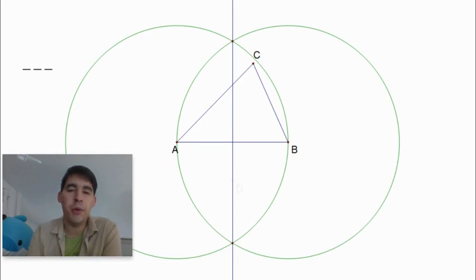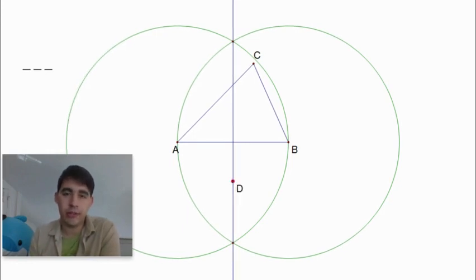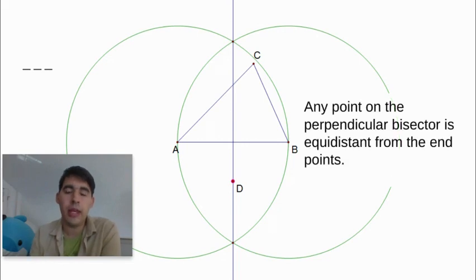Now imagine any point on that perpendicular bisector, D. Any point on this perpendicular bisector has to be the same distance away from both A and B. This was one of the very first theorems that we learned. This perpendicular bisector is the set of points that are all the same distance away from both A and B.